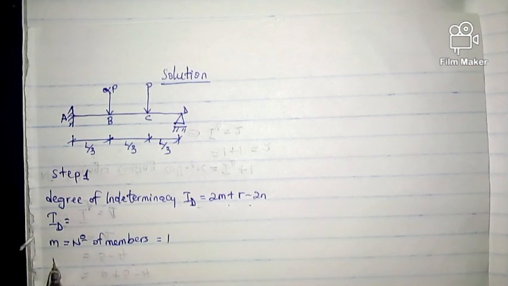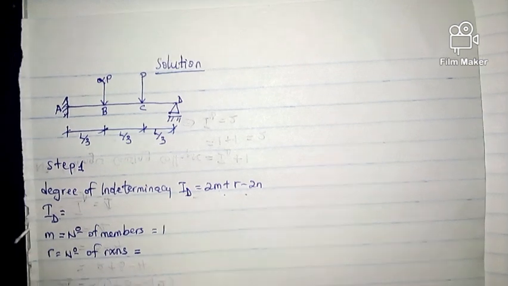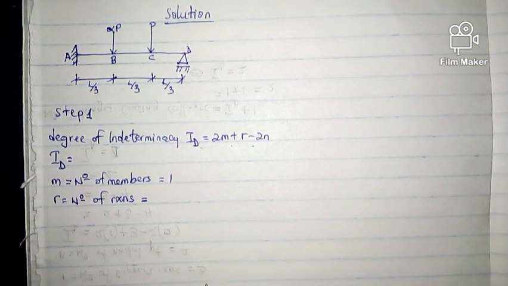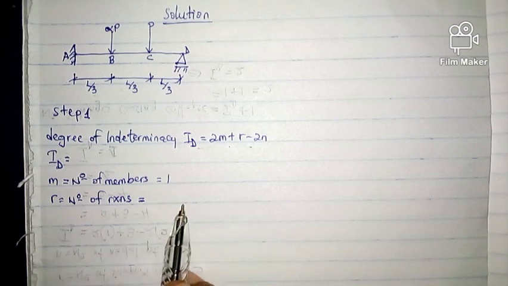Then R is the number of reactions. How do you get your number of reactions? What you do first is ignore the horizontal reactions while getting the number of reactions.